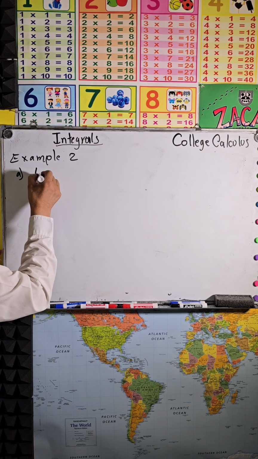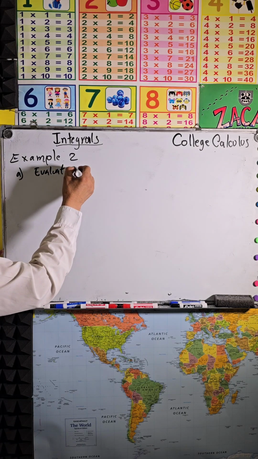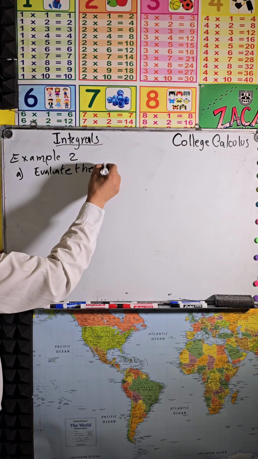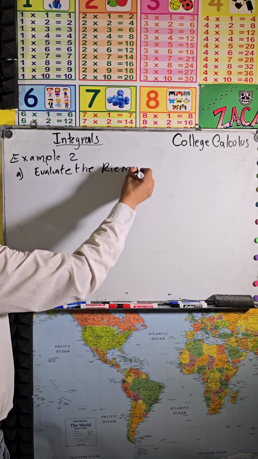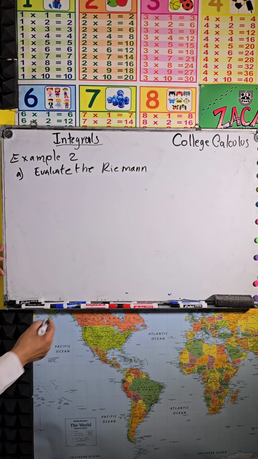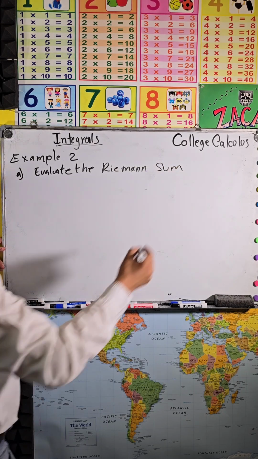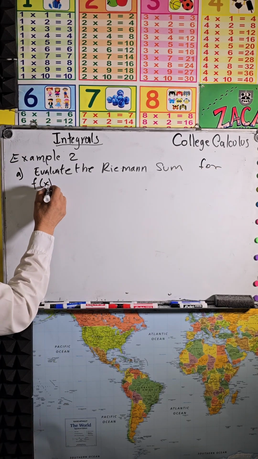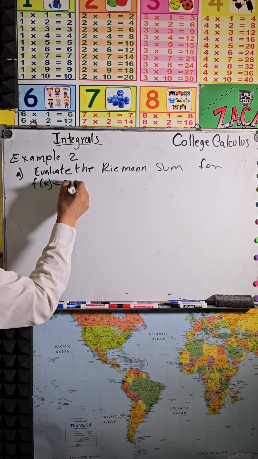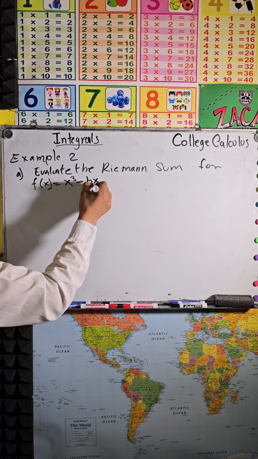Evaluate the Riemann sum for f of x equals x to the third power minus 6x.